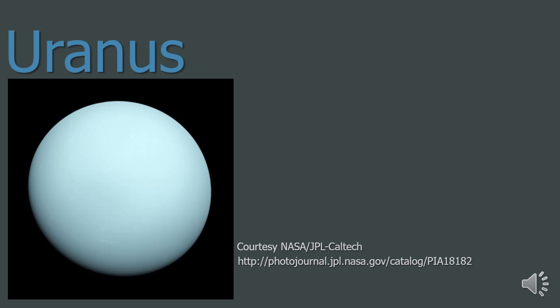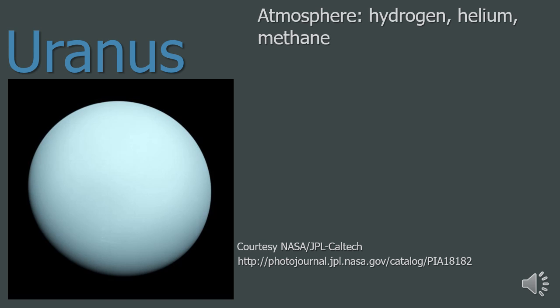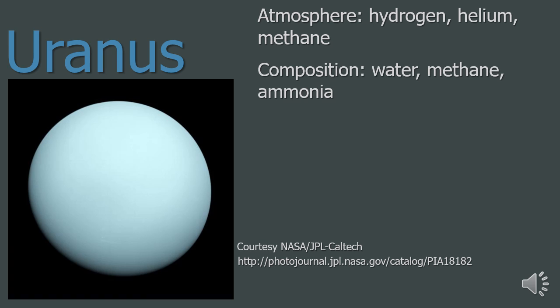Uranus is the third largest planet in the solar system. It was discovered by William Herschel, a German-born British astronomer. It sits seventh from the Sun. Uranus' atmosphere is mainly hydrogen and helium, with trace amounts of methane. The methane gives Uranus its bluish-green colour. The bulk of Uranus is composed of an extended liquid core containing solid water, methane, and ammonia.